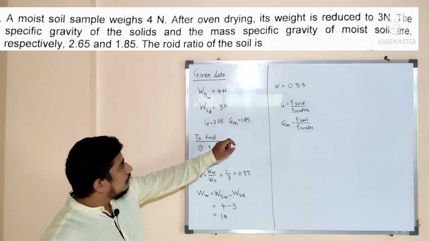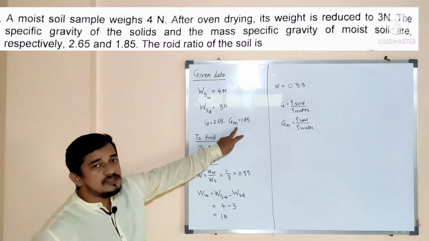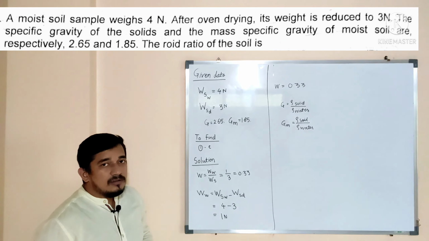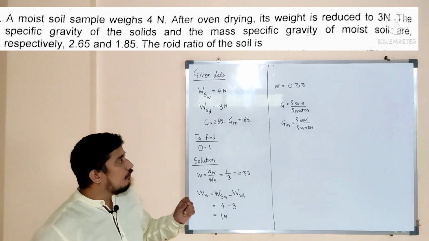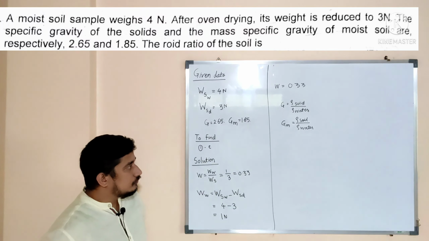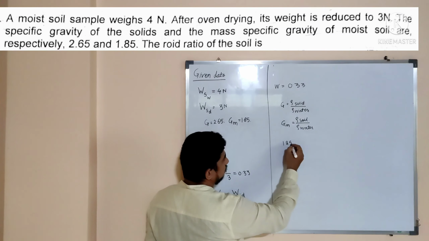So by giving the apparent specific gravity of this soil, they have indirectly given us the density of moist soil, that is nothing but 1.85. So Gm is equal to 1.85.